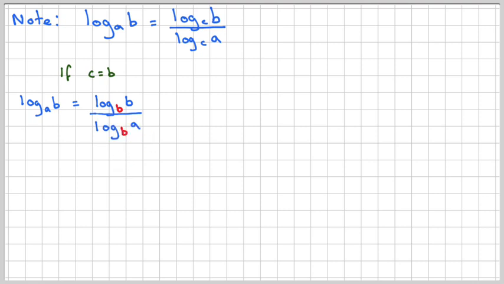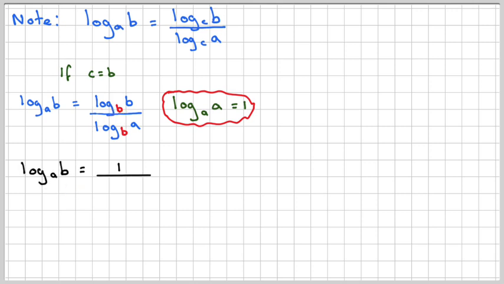And we know that log of the same base of the same thing is equal to 1. So this bit will be equal to 1, and we end up with log to the base a of b is 1 over log to the base b of a. That's quite useful if you want to change these two over in a logarithm.